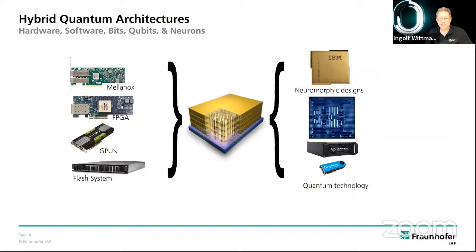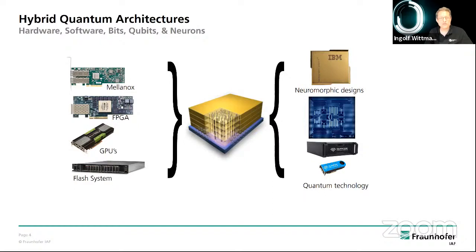New approaches are non-von Neumann architectures like on the right side: neuromorphic designs like the synapse chip from IBM, but also quantum technologies might fit in that environment. You can use those technologies as accelerators, like on the left side, which are integrated within an HPC environment.